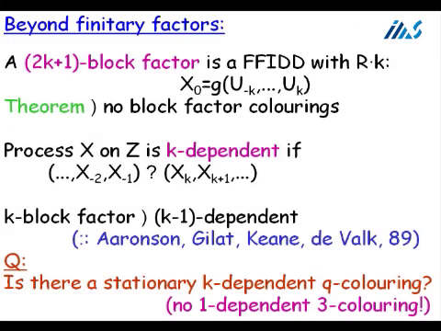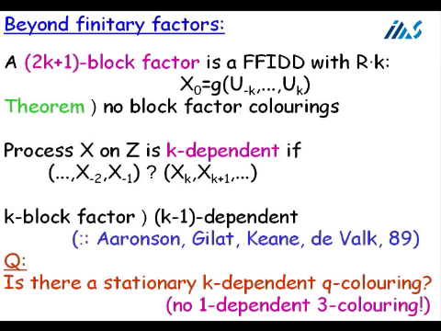Okay, so there are some related concepts. A finitary factor, which has fixed bounded coding radius, is called a block factor. And so we know from the results that I talked about earlier that there are no block factor colorings.